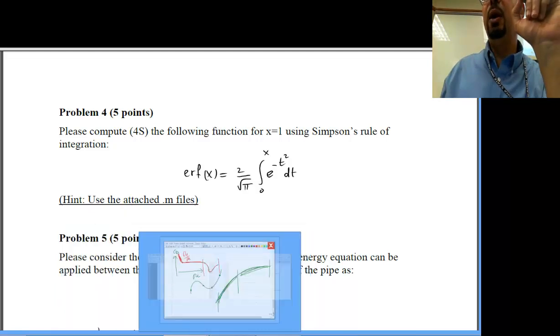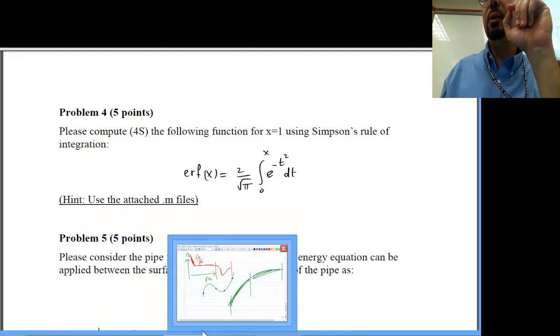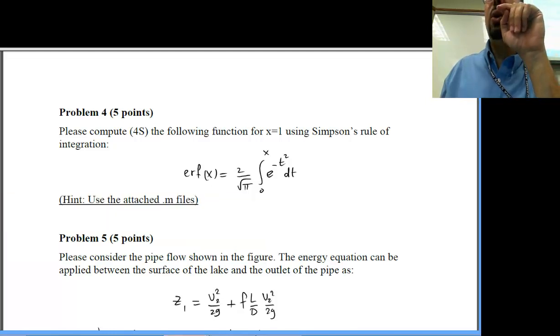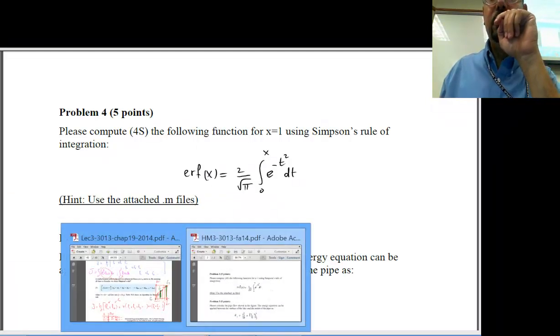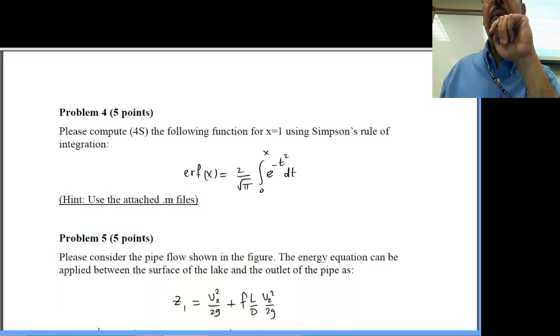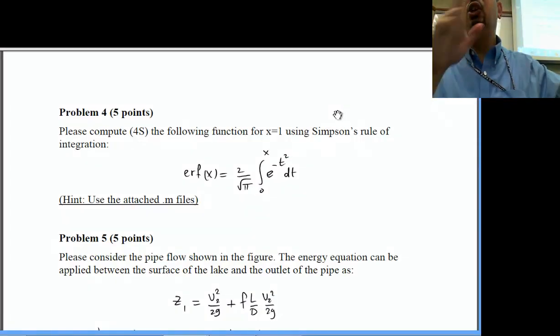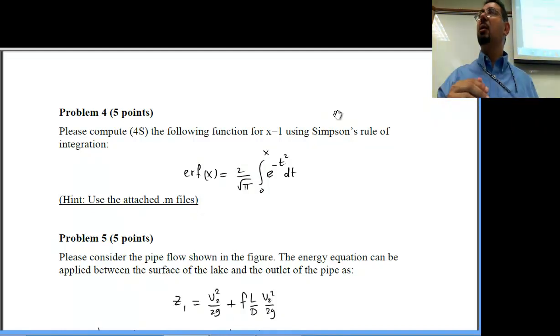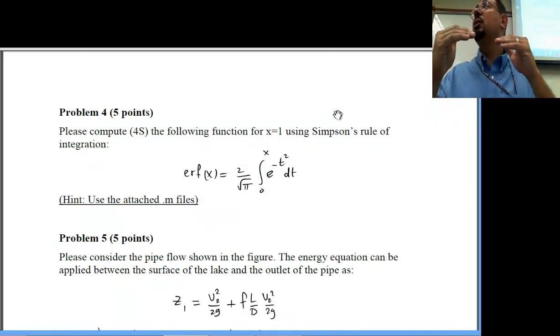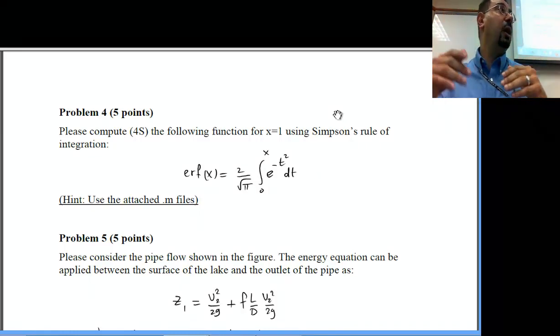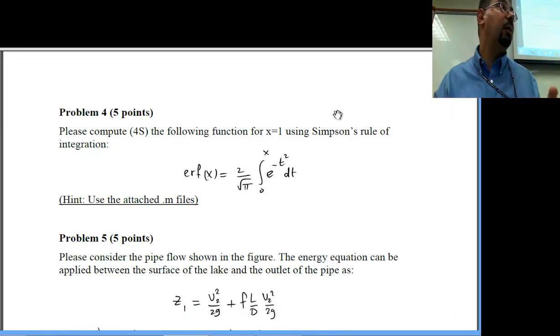I am helping you by giving you a MATLAB file that will do this for you. There are actually 2 files. One is called Simpson rule, Simpson.m, and you will run it using MATLAB.